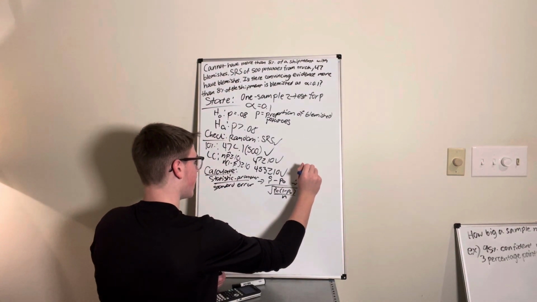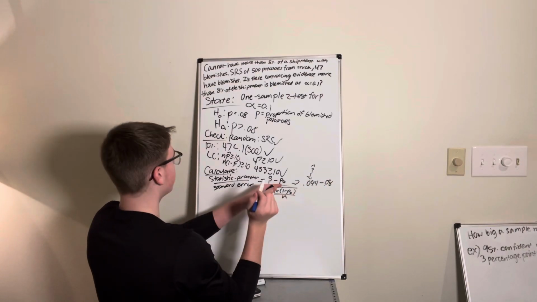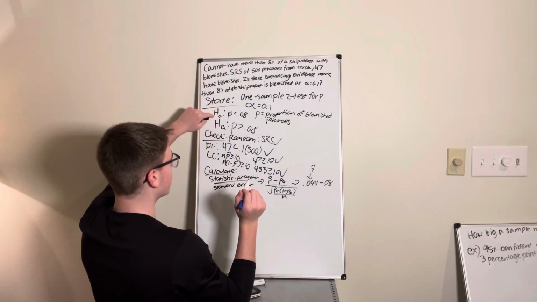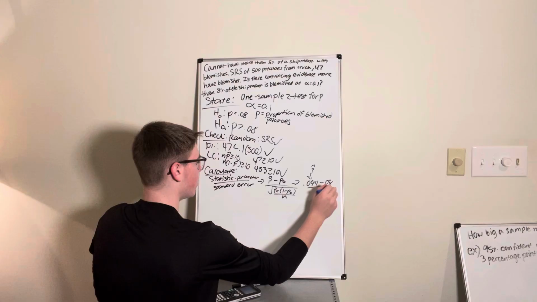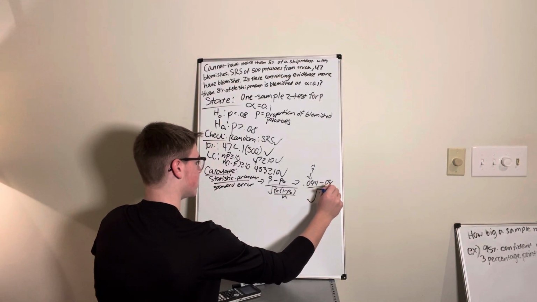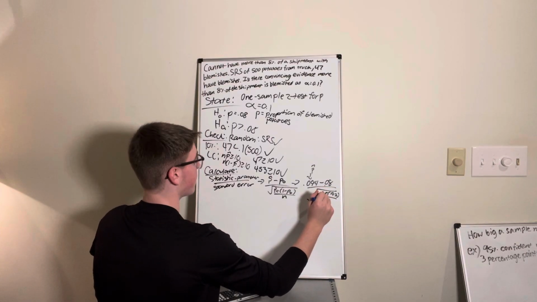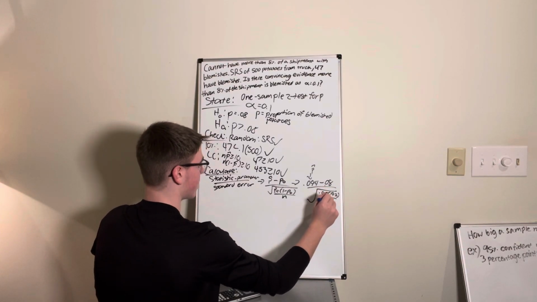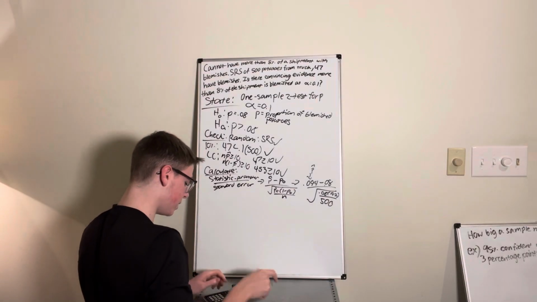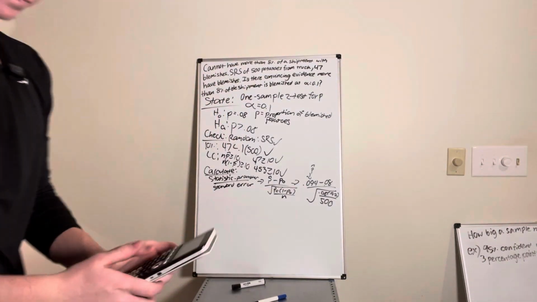That's our p-hat, minus 0.08, which is our p-naught right here, the p of H-naught, over the root of 0.08 times 0.92 over 500 potatoes. And again, you could put this in your calculator, but I'll show you the way I do it.